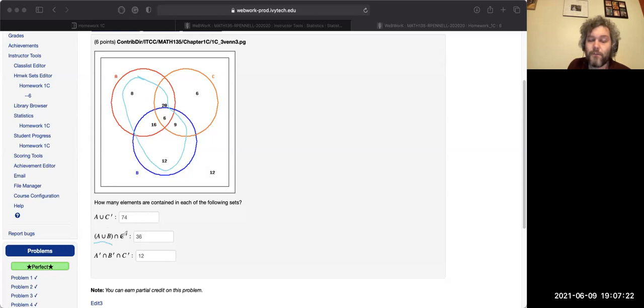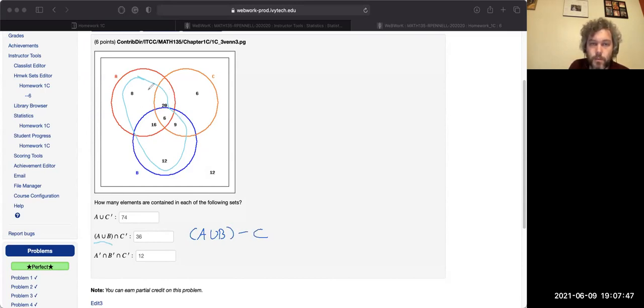Now, what does that share with C complement? So I have all of these numbers here, and it's C complement. So I think of it as taking C away. I think of it as A union B minus C. So I do have some C numbers here.